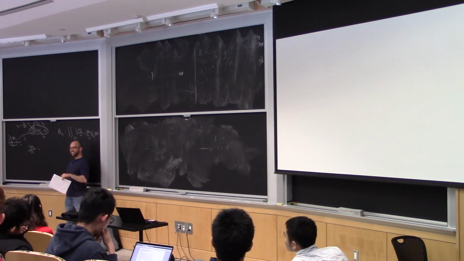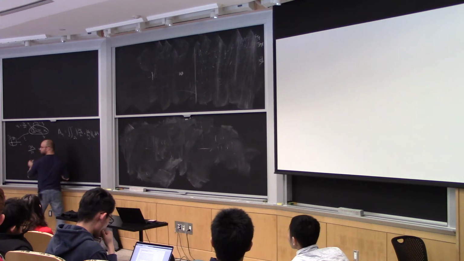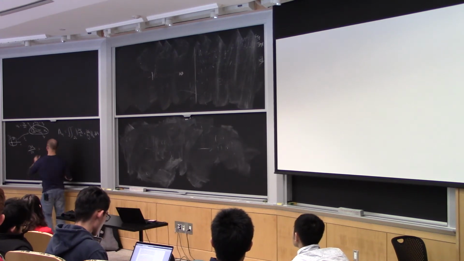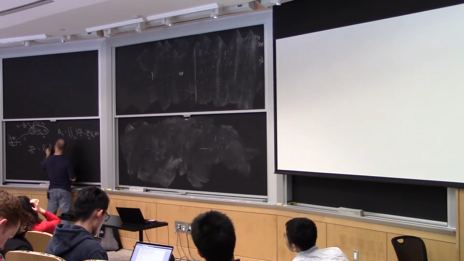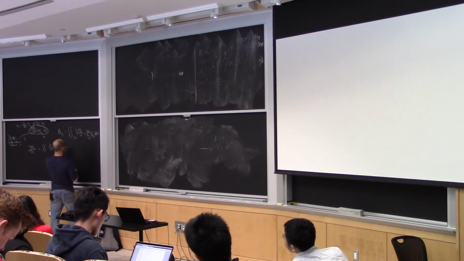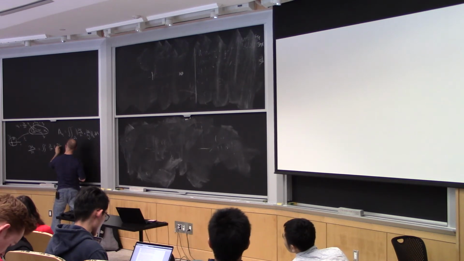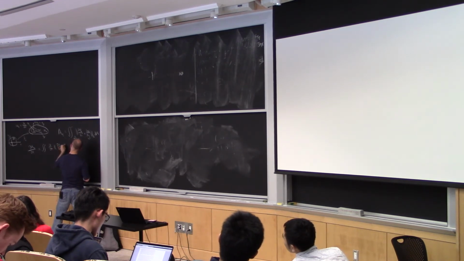There are some conditions you have to check, but generically that's true, and we'll assume that our surface is smooth. This is Houdini's theorem, I think. Sure, we'll call it that. Okay, so this is d/dt of df/dx cross df/dy.